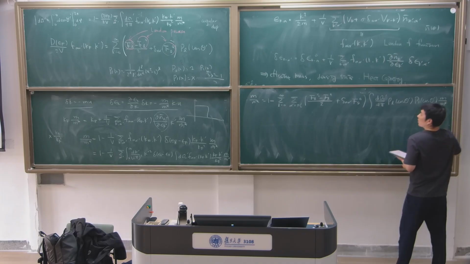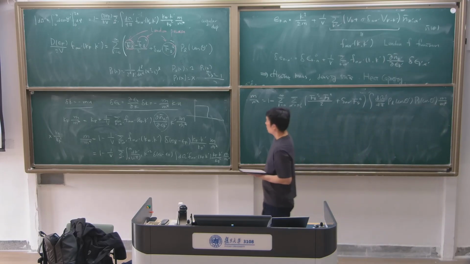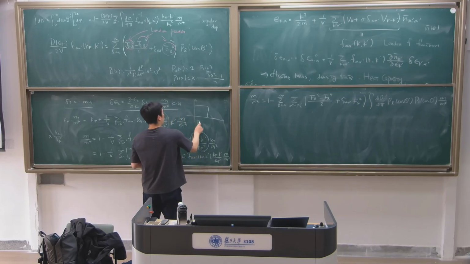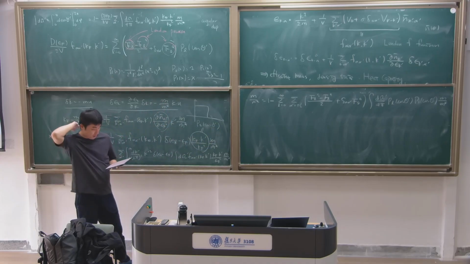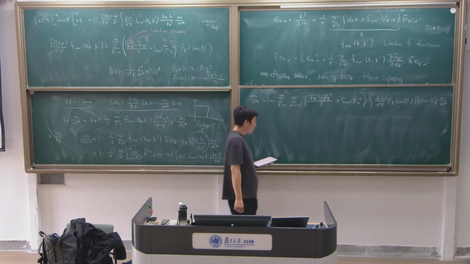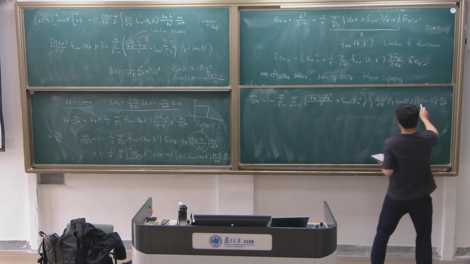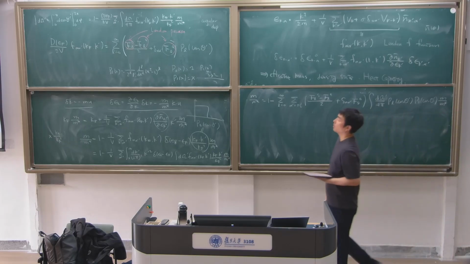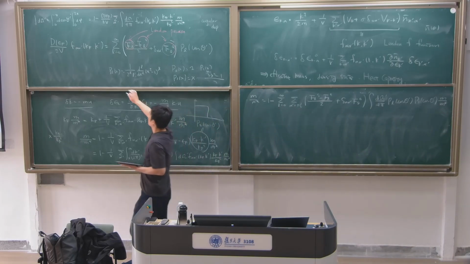So recall that here, this guy can be written as P1 of cos theta prime. I just replace it. And the Legendre polynomial is an orthogonal function.